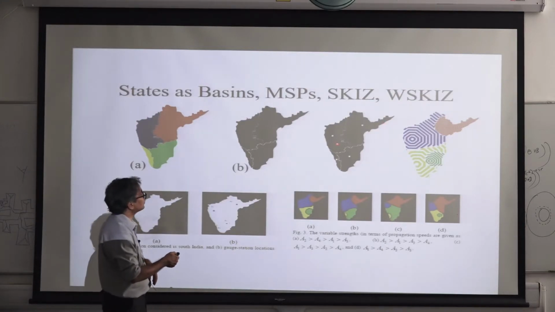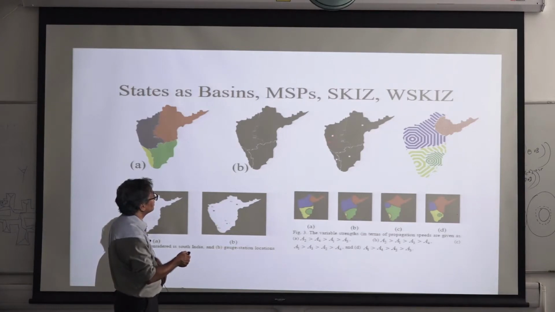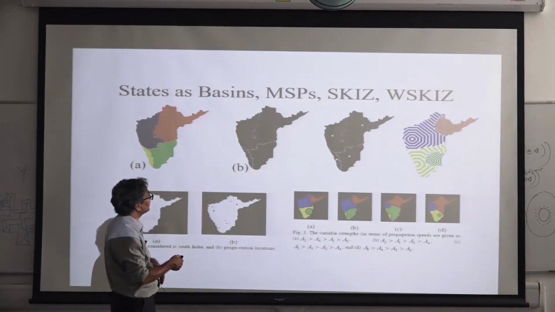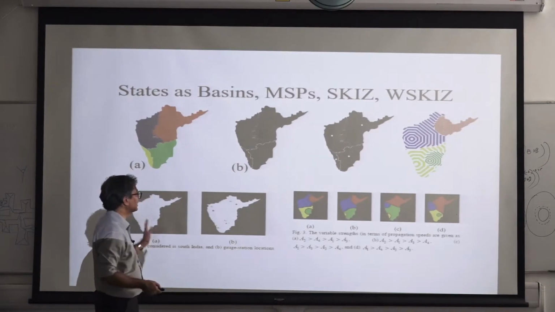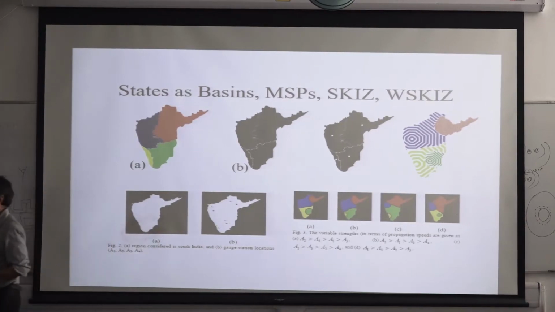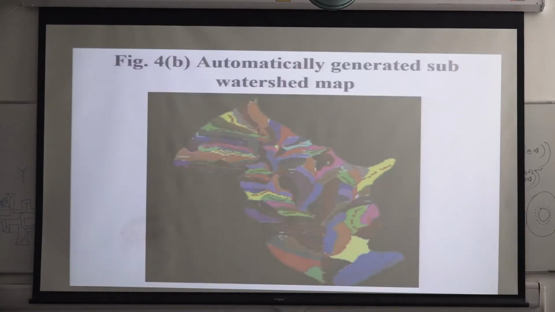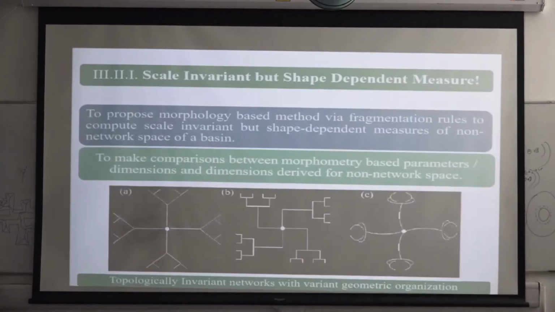Those centroids were taken as the seeds and allowed to propagate with different speeds, and that is how those pictures were formed. This has some connection with cartogram studies, mostly in digital cartography and for visualization, which is actually a computational geometry problem. I would skip these things.